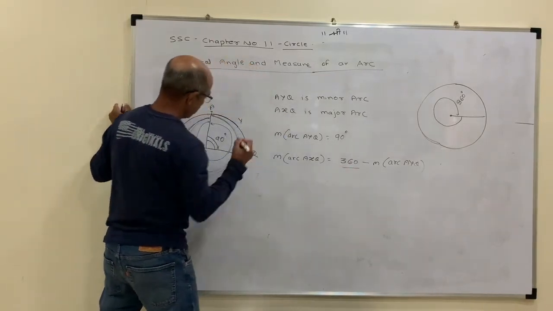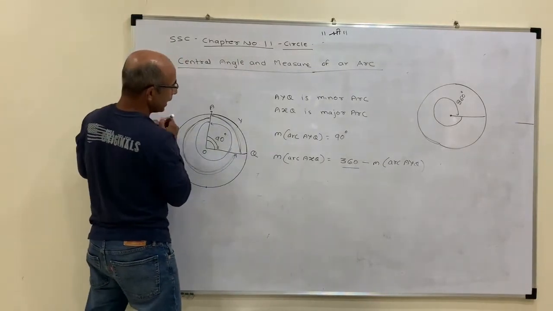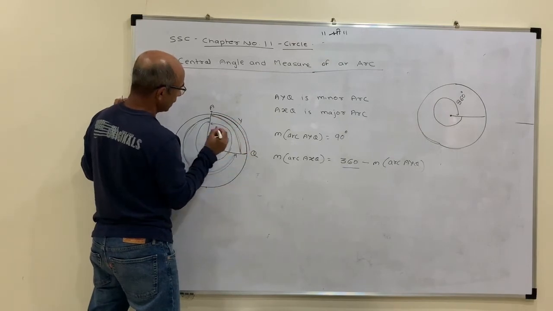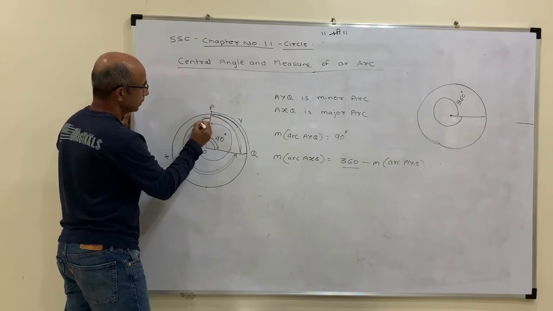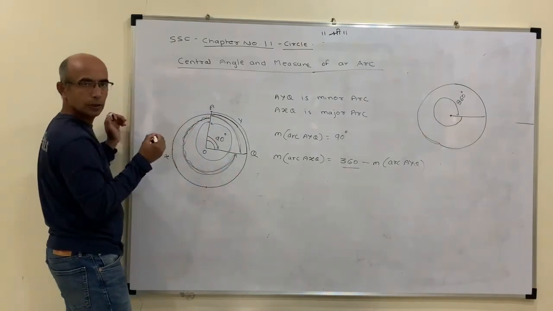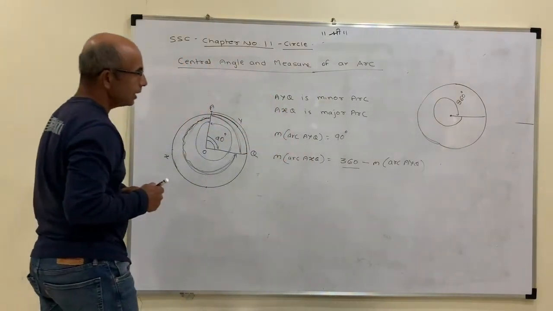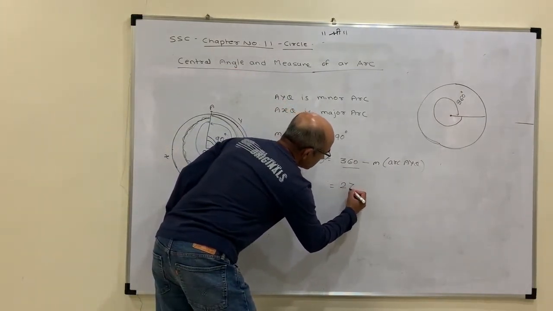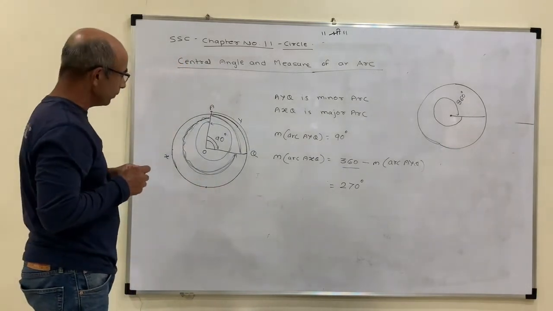I already know AYQ, so I know this much, and I need to find this one. So 360 minus 90 comes out to be 270 degrees. So now, do you understand?